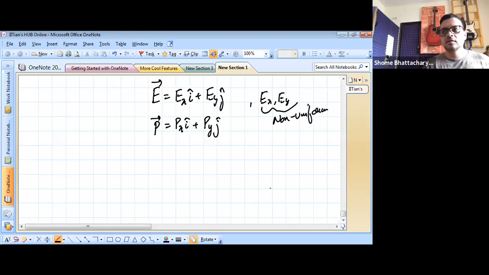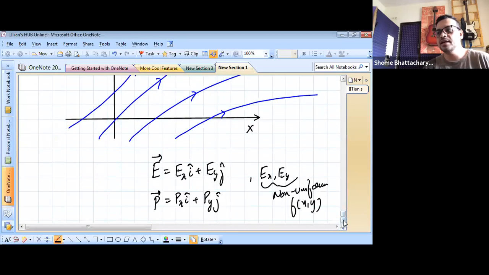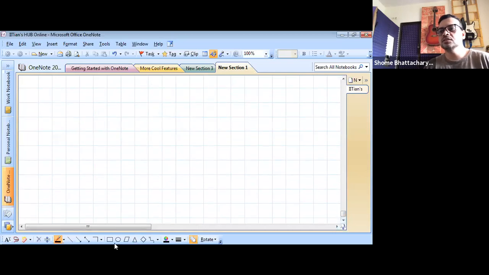Correct. So they are functions of x and y, like that. Okay. So how will we calculate the net force? So for example, there could be a point charge located at the origin. So it's creating that radially symmetric field, and you just kept the dipole somewhere in the xy plane at some random kind of orientation. So that's an example. So how we deal with this is something like this.